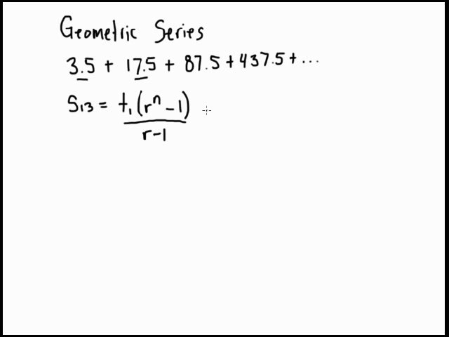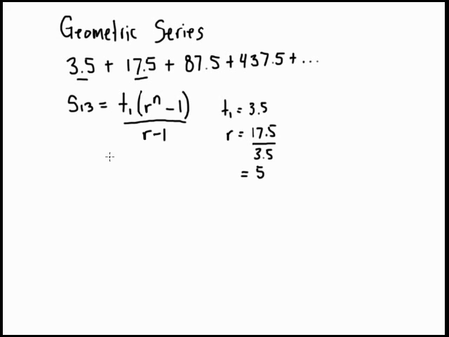And what we have to do now is figure out what term 1 is. It's 3.5. And we need to figure out what r is. r is going to equal term 2 divided by term 1, and what do you know, that equals 5. And n, in this case, is 13, because we're trying to find the sum of the first 13 terms.